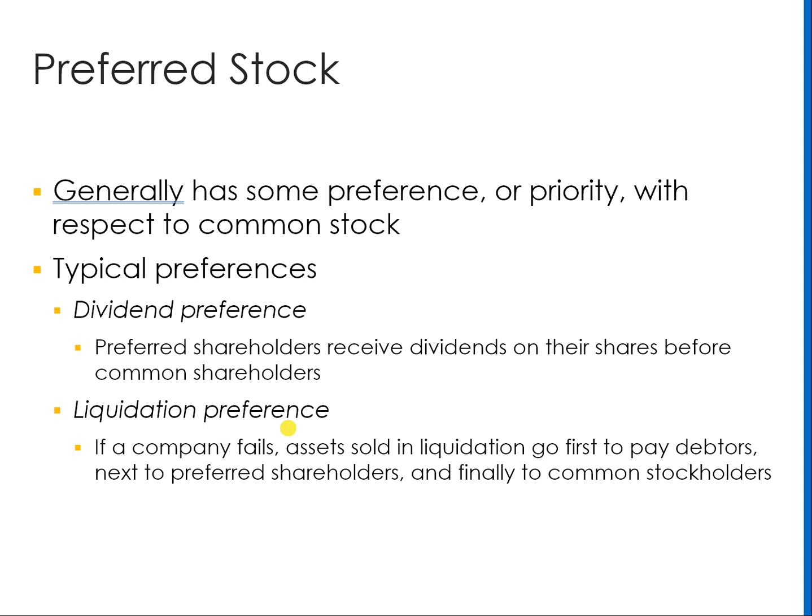Also, they have liquidation preferences. If the company fails and assets are sold, in liquidation the proceeds go first to pay creditors for sure. Next, they go to preferred shareholders, and finally to common stockholders. Typically, there's nothing left for common stockholders.